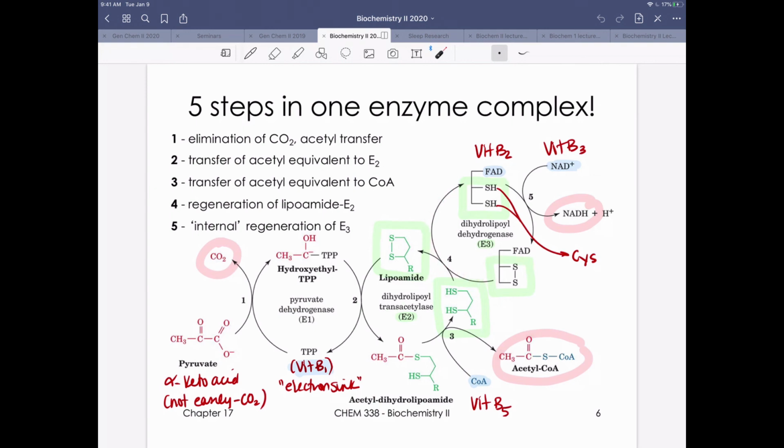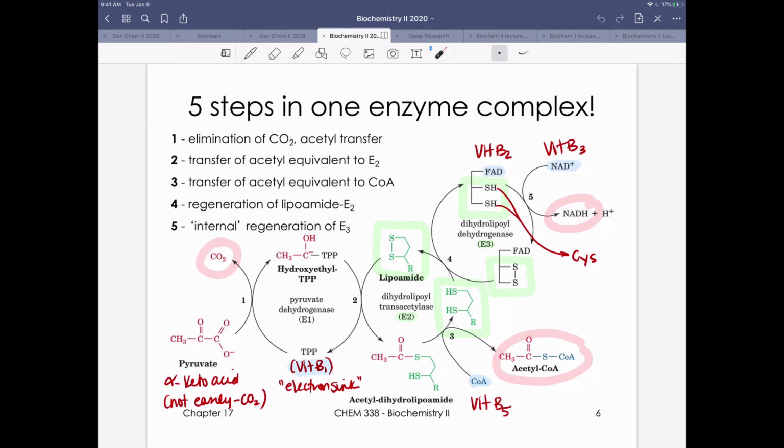So again, if we were to take a tally of what's going on, E1's been active since we got rid of that C2 group on it. Now E2, which was formerly inactive because it was reduced, is now in its active state. It's oxidized, it's ready to do chemistry. However, E3, in helping to fix that problem, now itself has become reduced and is now inactive.